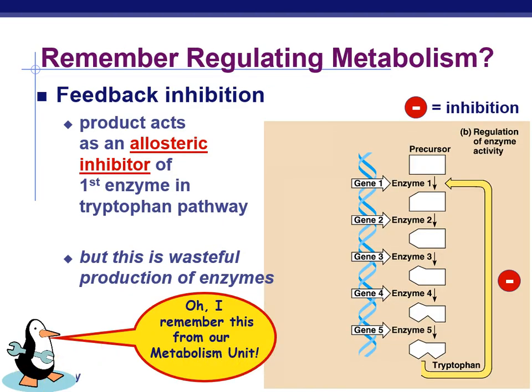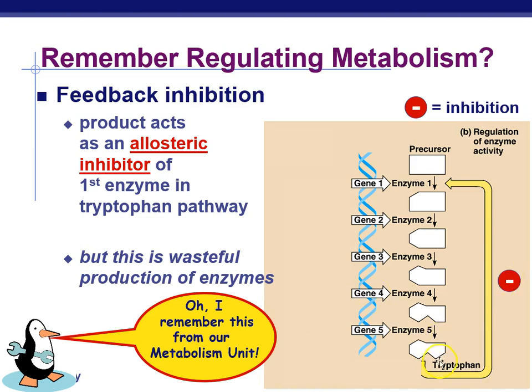So this goes back to a very long time ago when we talked about regulating metabolism. Remember feedback inhibition? This is a good time to review this concept. In this case, this was one of those body mechanisms that keeps us from making too much of a good thing. So tryptophan is an amino acid, and when we have enough of it, why should we worry about making more?